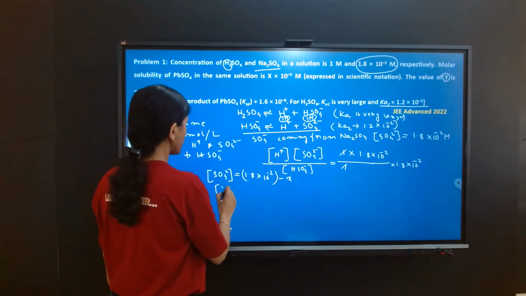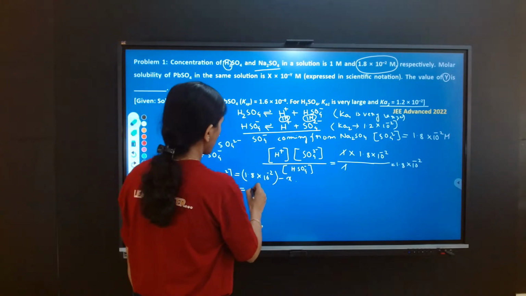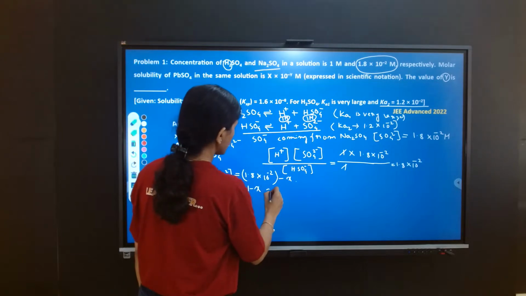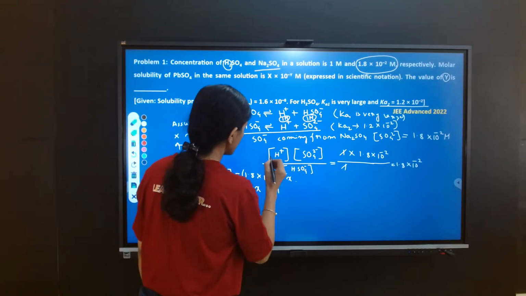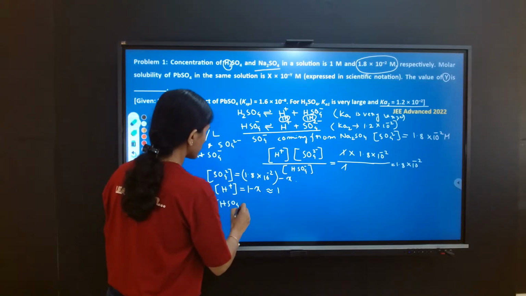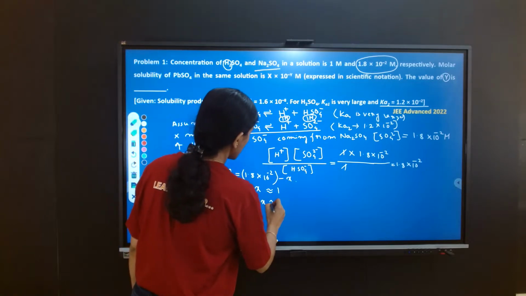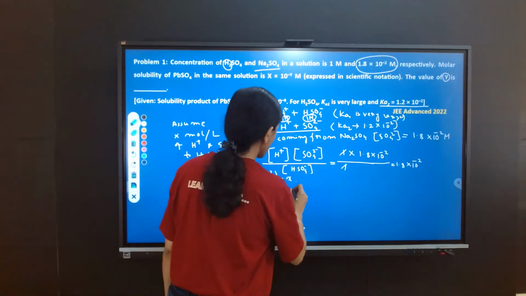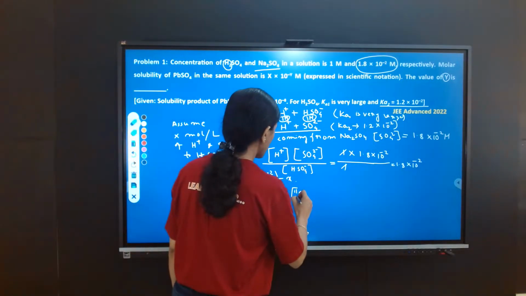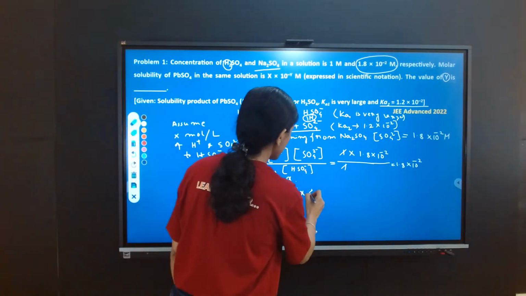And similarly for H plus, the concentration we can write as 1 minus x, which can be equal to 1. And again for HSO4 minus, the concentration would be 1 plus x, which is again equal to 1. And this can be true only if x is much less than 1.